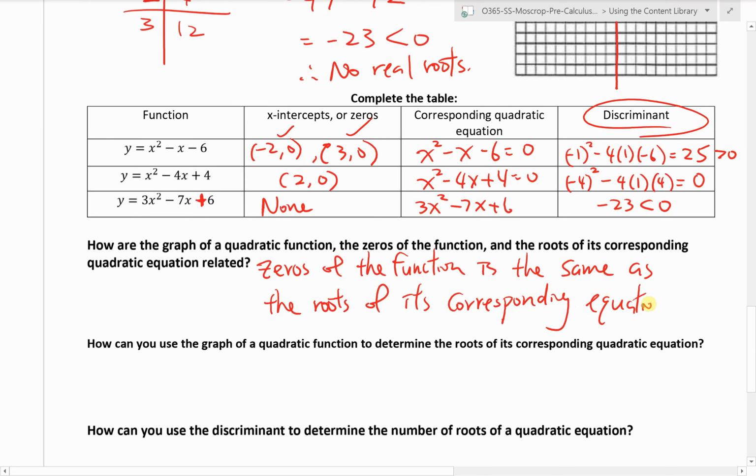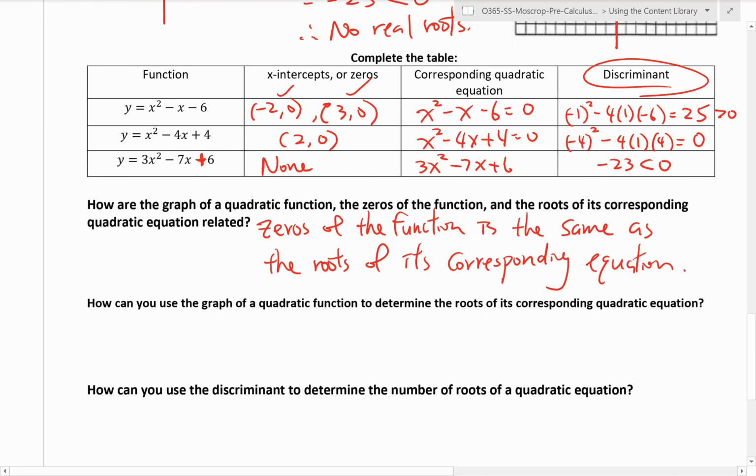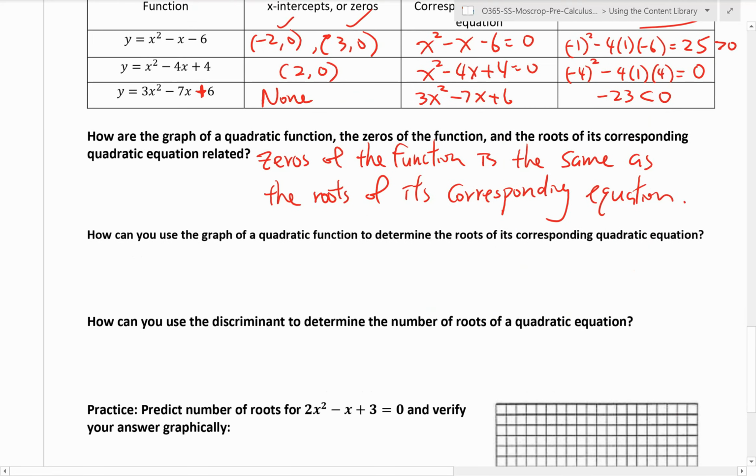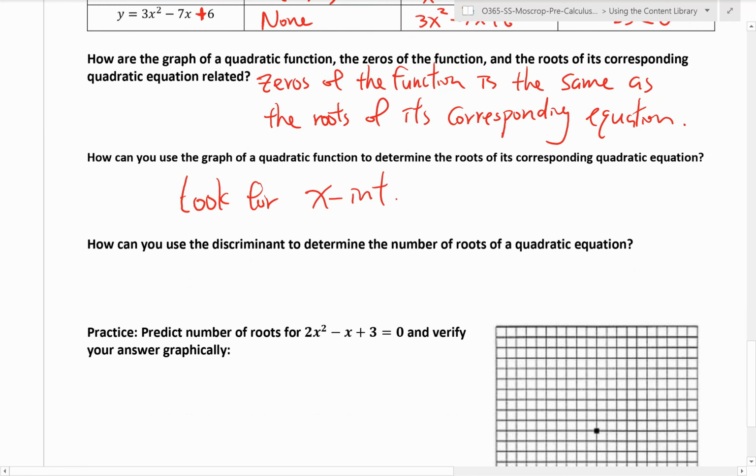Okay. How can you use the graph of a quadratic function to determine the root of its corresponding quadratic equation? Well, then you look for the x-intercept. Look for x-intercept.